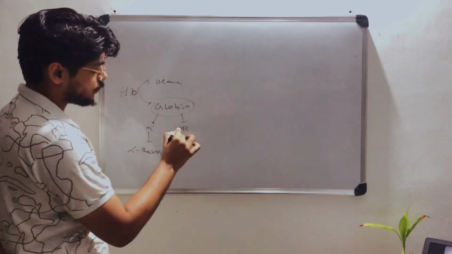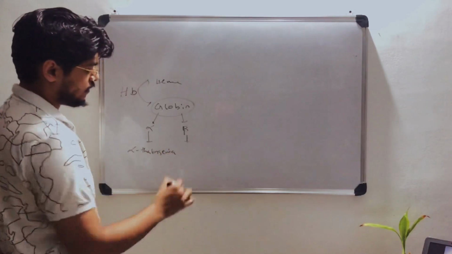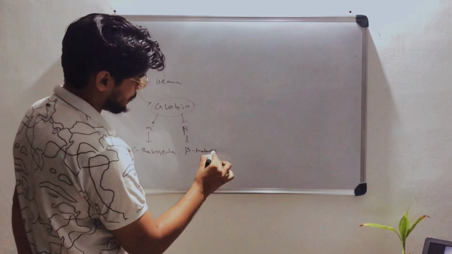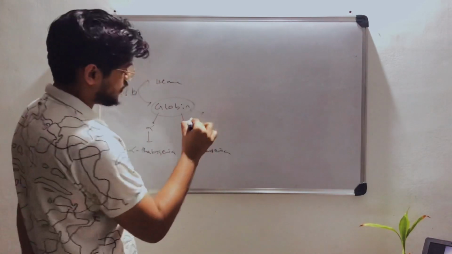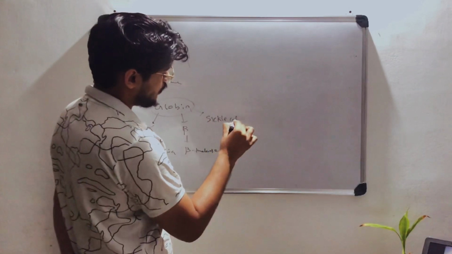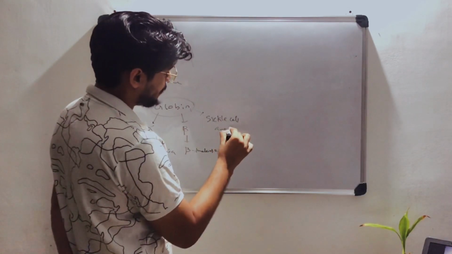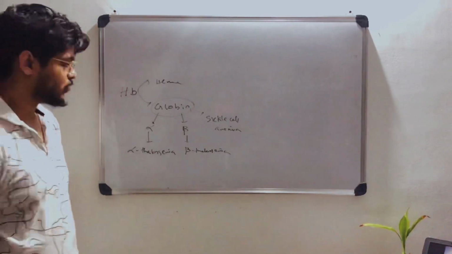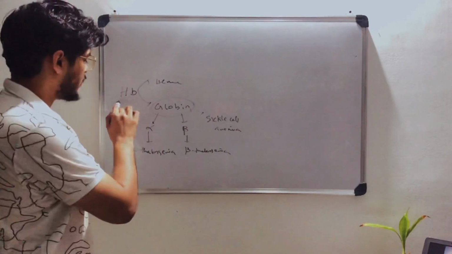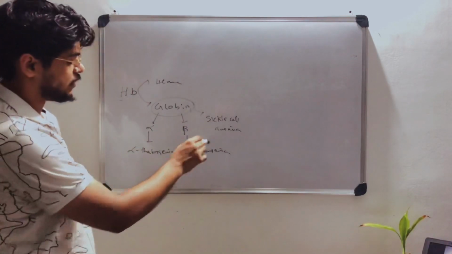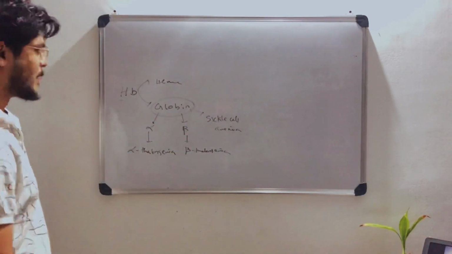If there is a problem towards the beta chain, it will result in beta thalassemia. Also, there is another problem called sickle cell anemia. You know all these things. We have learned it in plus 2 and all, right? So there is globin abnormality causing alpha thalassemia, beta thalassemia, sickle cell anemia.